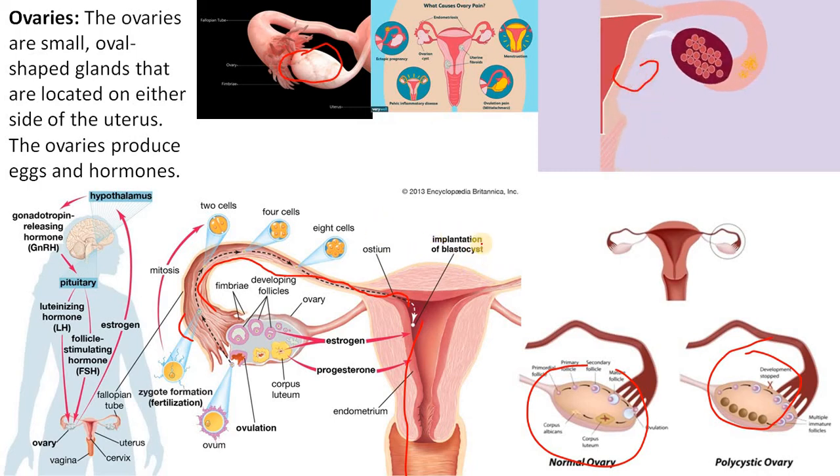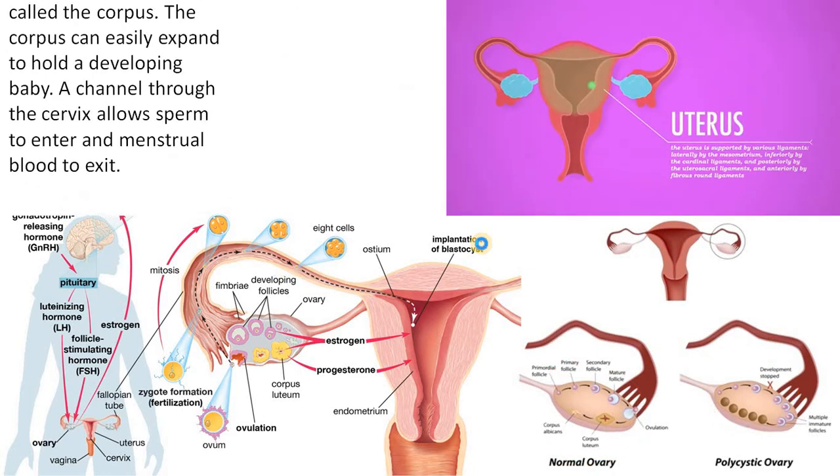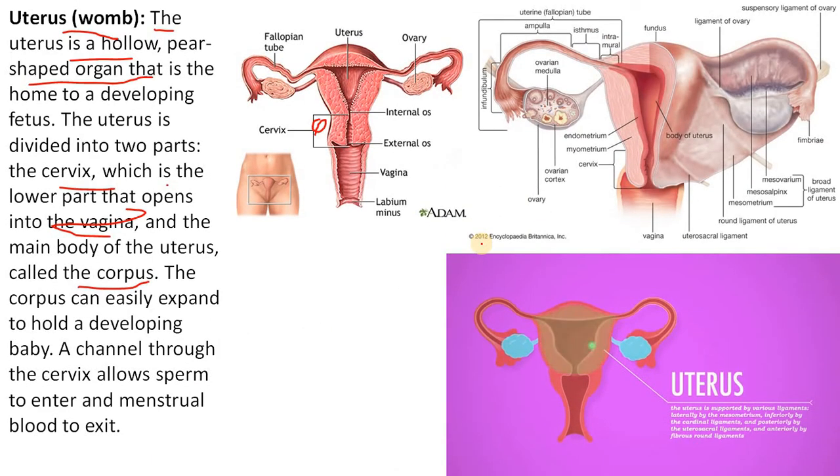I have said about the oviduct. And then coming to the uterus, it is also called the womb, and it is pear shaped, and ligaments attached to the pelvic wall support the uterus, and the narrow cervix opens the uterus into the vagina. The cervical canal, along with the vagina, forms the birth canal.